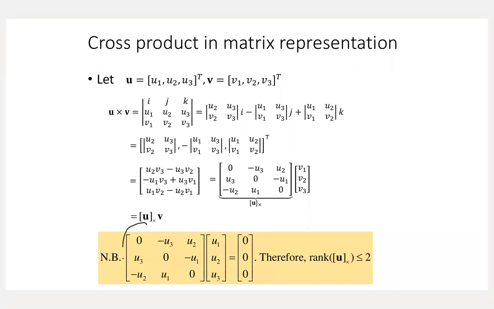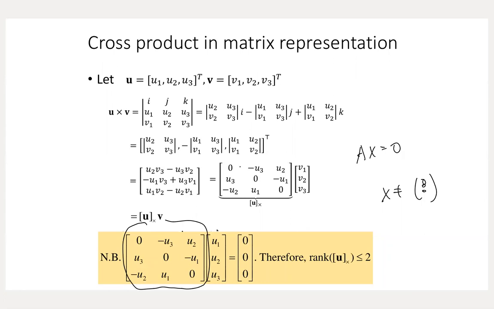And note that the U cross matrix times U is equal to all 0. Whenever you have a matrix, let's say matrix A, if AX equals 0 and X is non-zero, so X is not equal to 0, 0, 0, then it means that A should not be full rank.